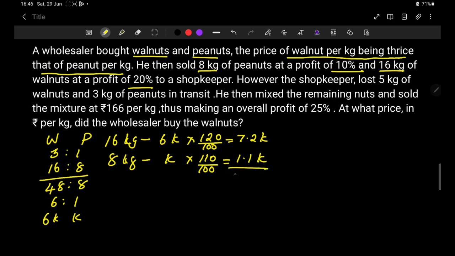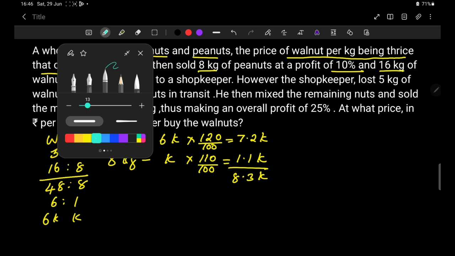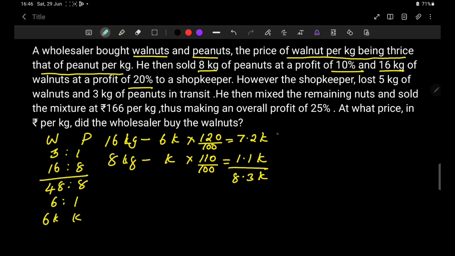But total selling price of the wholesaler is 8.3k. Now we have to check the details of the shopkeeper. We know that cost price of the shopkeeper is selling price of the wholesaler.